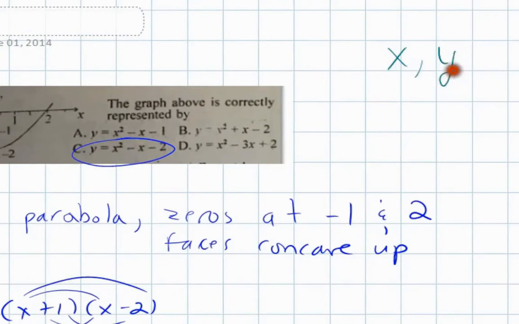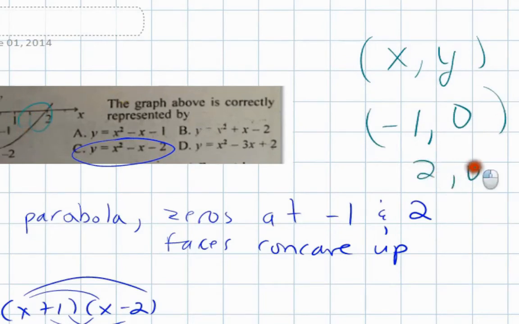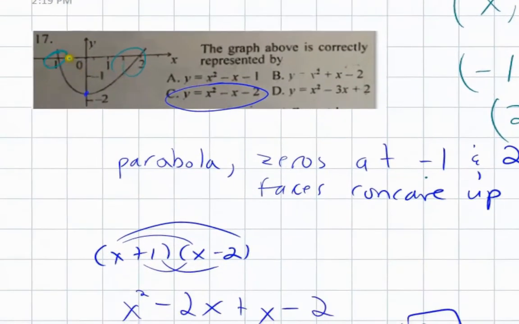Remember points are in x comma y form, so it's negative 1 comma 0, and over here another one where it's 2 comma 0. So it has zeros at negative 1 and at 2, and it's concave up. That's this general shape, that's what we call concave up.